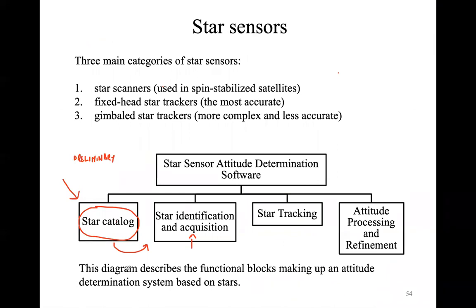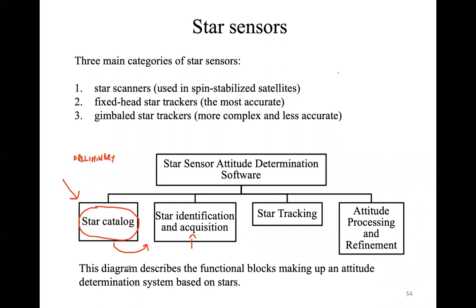But in order to start this process, you need to identify the stars. As I said, your star catalog has a certain number of stars with a certain magnitude and a certain spectral type. But if you have a field of view of 5 by 5 degrees, you will have multiple stars with approximately similar magnitude and similar spectral type.